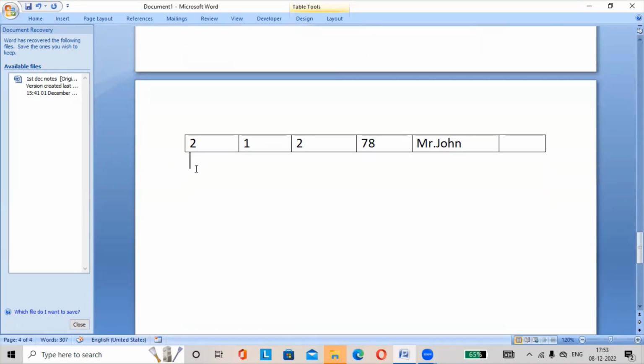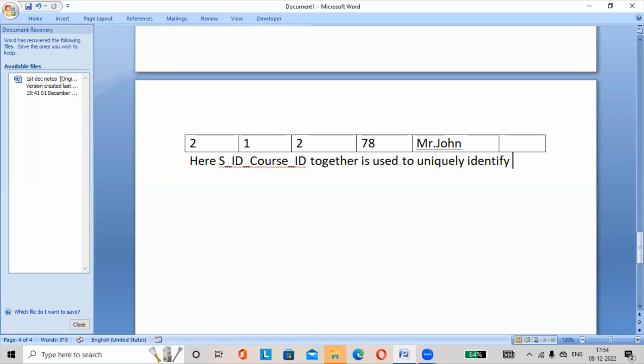We'll write some notes here. Student ID plus course ID, student ID and course ID together is used to uniquely identify any row of data in the grade table.